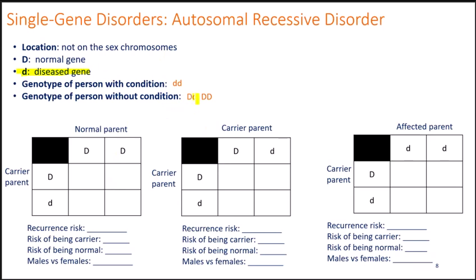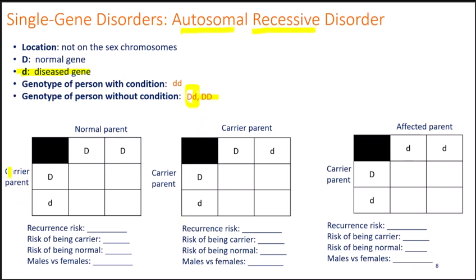So in this case, they have the disease gene, but they also have a healthy dominant gene that overpowers it. So this person would not have any phenotypic characteristics, but they are still carrying that disease gene. And we'll see what that looks like a little bit more shortly. And then, of course, if they had 2 normal genes, then they wouldn't have the condition either.